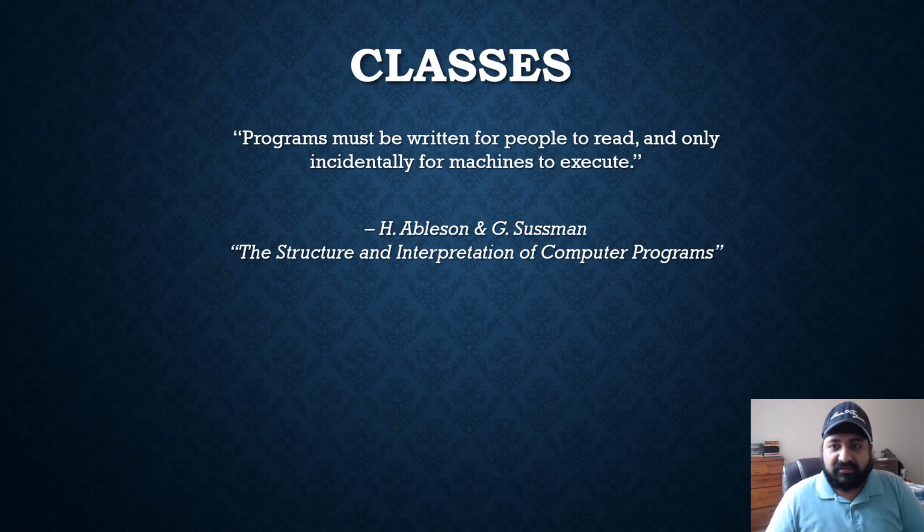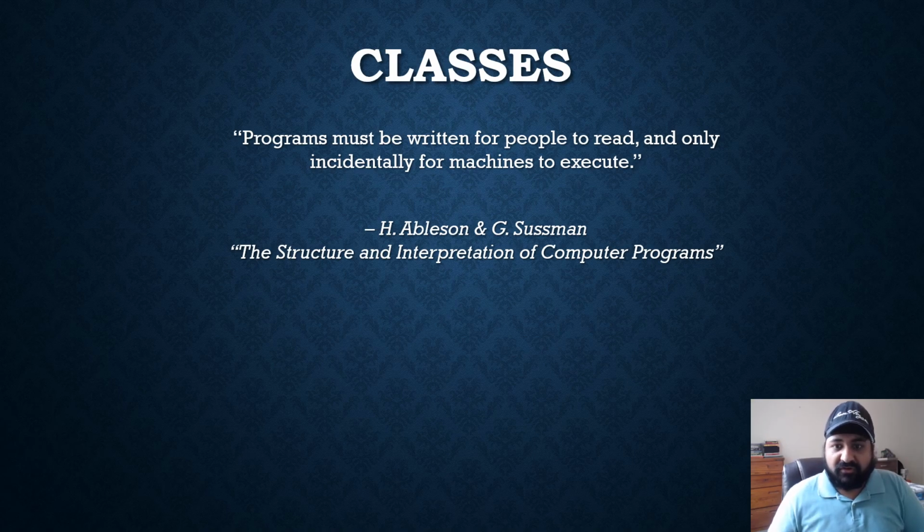In the previous few weeks we studied how we actually build methods, and that's one way to abstract a functionality of a computer program. Another philosophy of programming is called object-oriented programming.